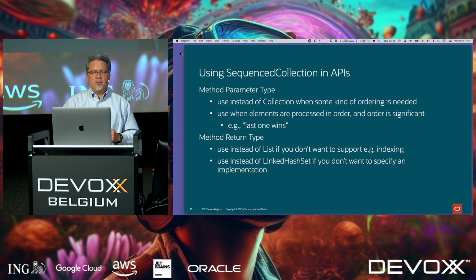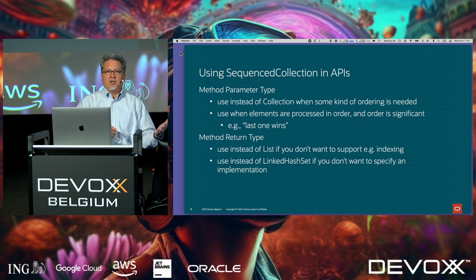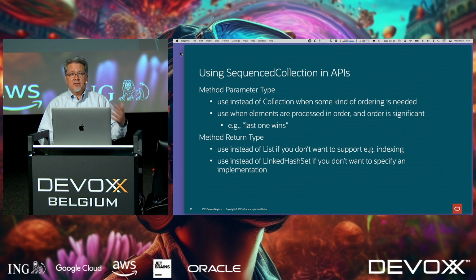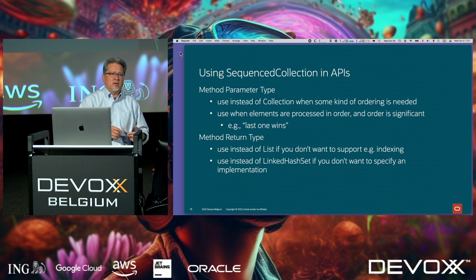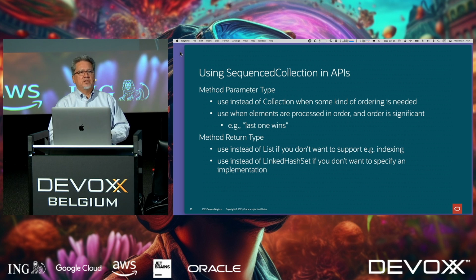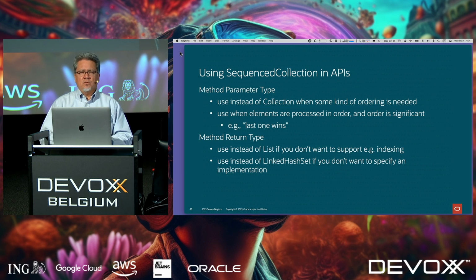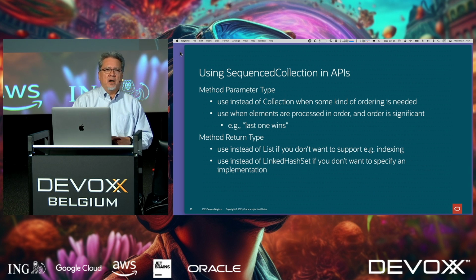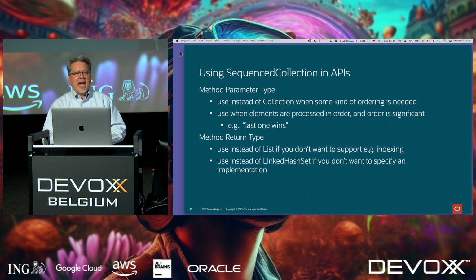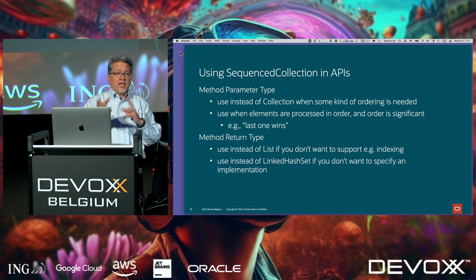So you'd have to write in your documentation that this method processes the elements in the encounter order or the iteration order of whatever collection you pass in. And so the caller has to be careful and not pass in something like hash set, which does not have a defined encounter order. If you're processing things in some order where the ordering is sensitive, like last one wins, and you pass in a hash set, you've created a pretty hard to find bug, because if somebody adds an element to the hash set, that could potentially reorder things and then cause a change in behavior.